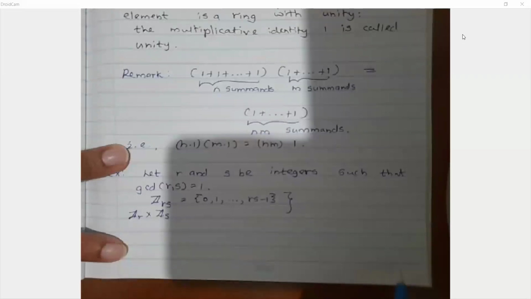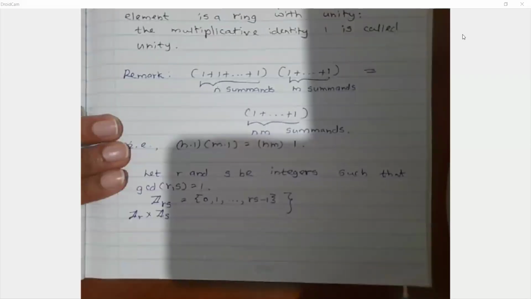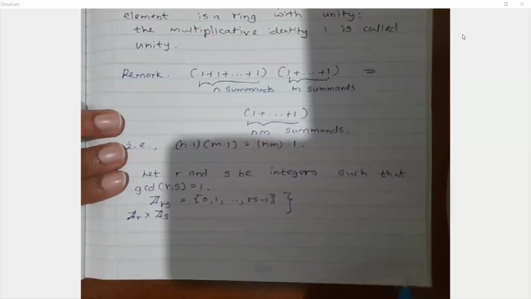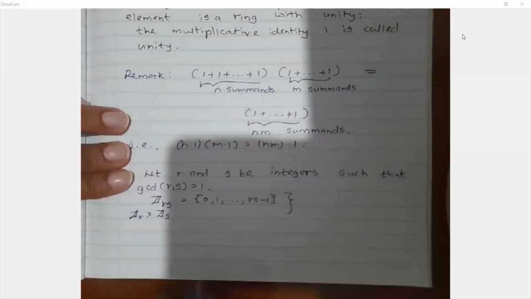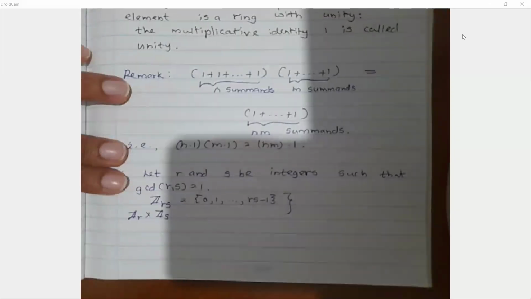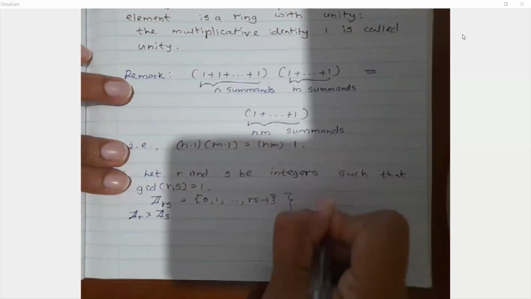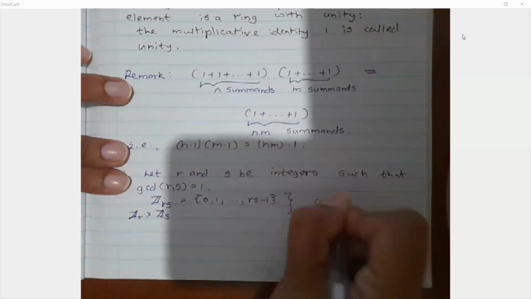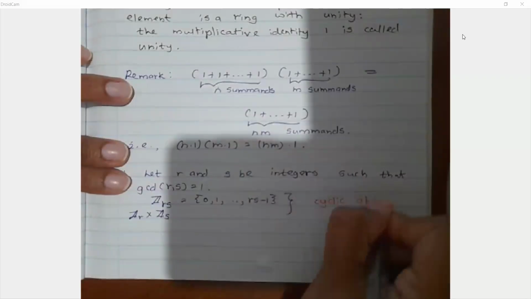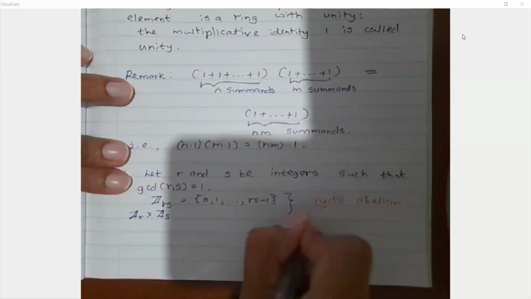They both have the same number of elements, R times S. They are both abelian groups and they are cyclic.